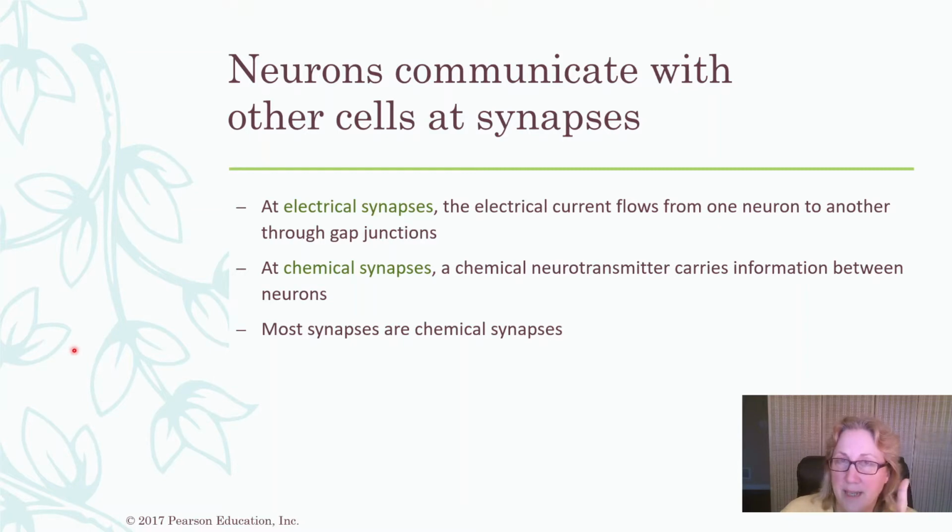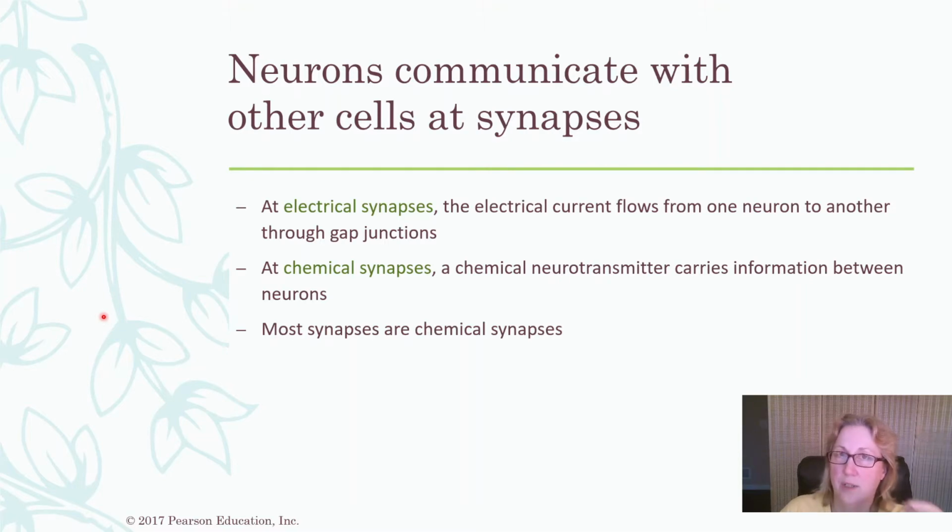So the two kinds of synapses by which neurons can connect to other cells are electrical synapses, where the action potential is going to directly be conducted from one neuron to the other through gap junctions. These are more unusual, and they're mostly in the central nervous system in the brain. Most synapses are chemical synapses, where some kind of a chemical is going to be released into the gap between the two neurons.